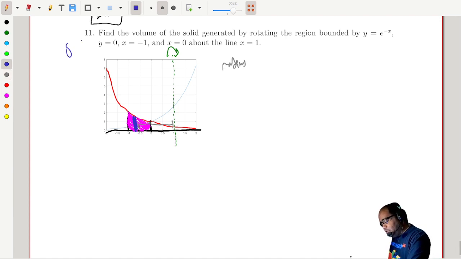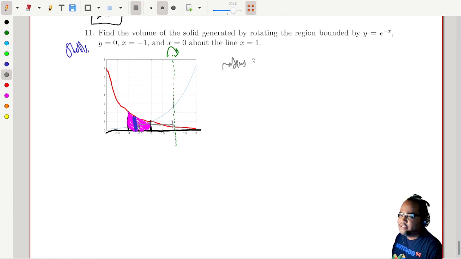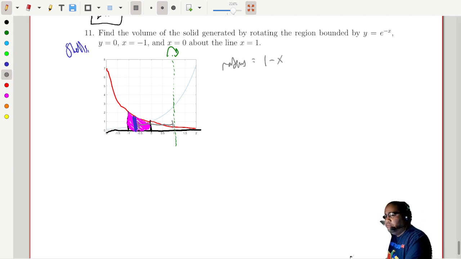So the shell radius is going to be the distance from the strip to the axis of rotation. We think right minus left here. It's 1 minus x here, going around the line x equals 1. And we have a strip at any position x. Shell height, top minus bottom, e to the minus x.